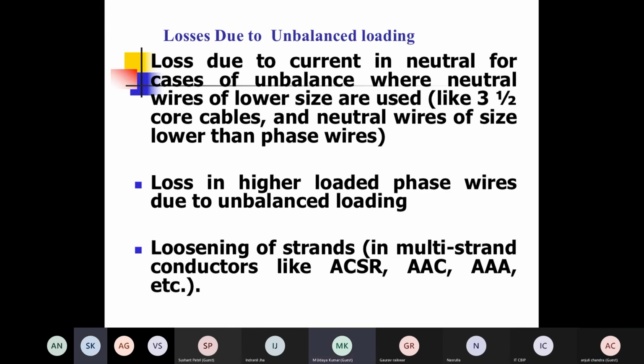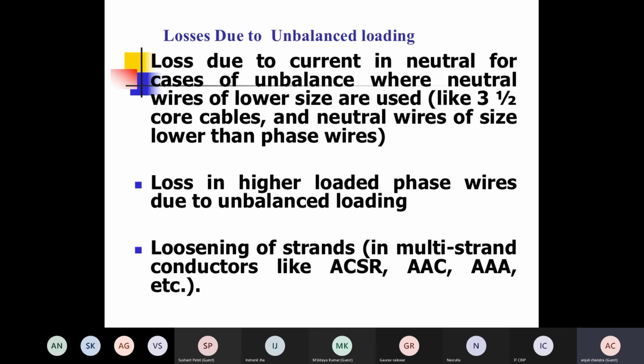Yes, madam. So, you know, in our system, why does this happen? See, we have a LT feeder with three phases and one neutral. When you start giving connections, any lineman or JE has a tendency to give a connection from the lowest phase. Vertical configuration hai, he will try to give from the lowest phase. Delta configuration hai, he will try to give connection from the lower two phases and neutral.